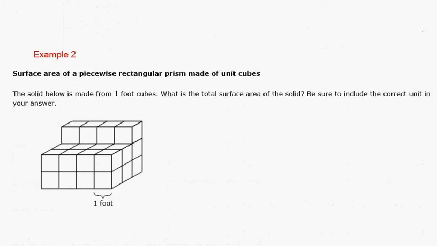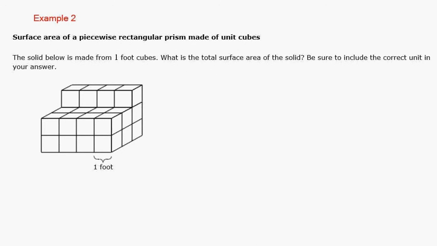All right, so I'm going to try to do this one a little bit faster. What we know is there's a top plus a bottom, a front plus a back, and then a right end and a left end. From the top I see 12.